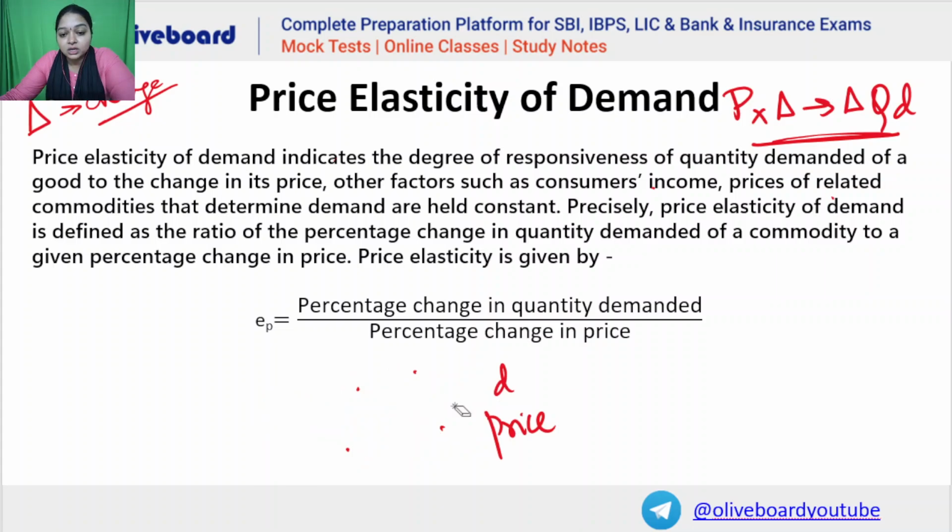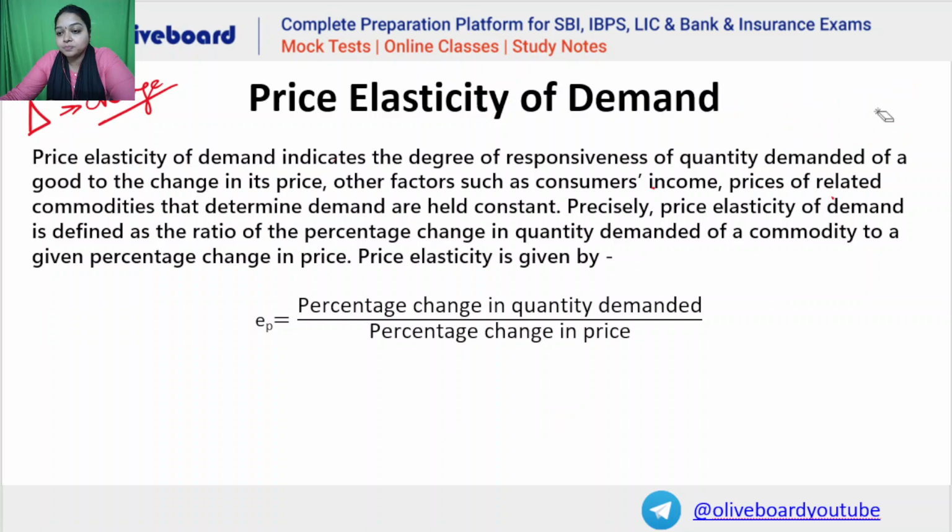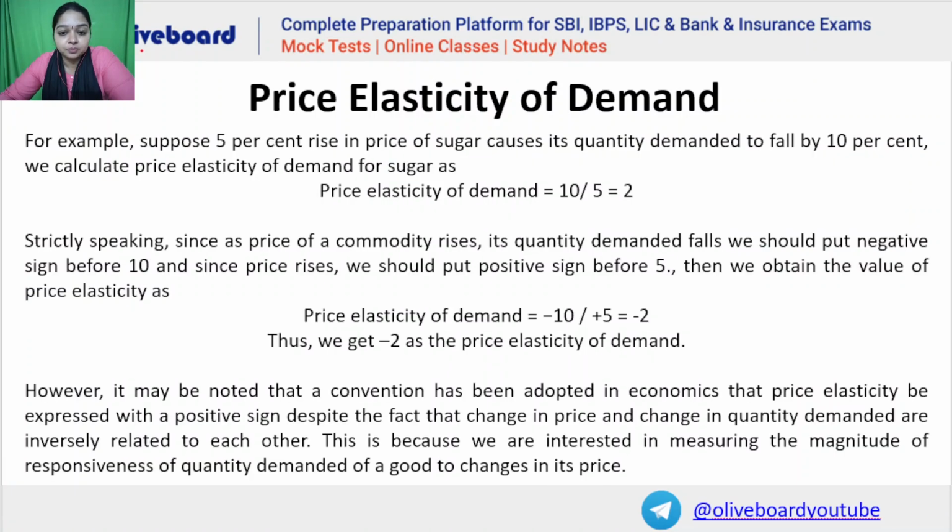So that is EP, price elasticity of demand. I hope this formula is clear. When there is a change in the price of the commodity, then there will be change in the quantity demanded. How much change in the quantity demanded is measured through price elasticity of demand.